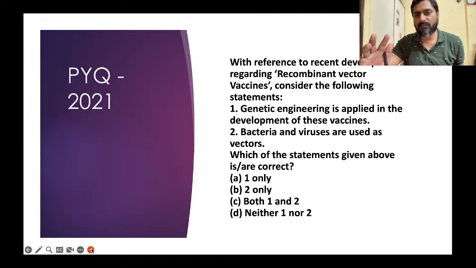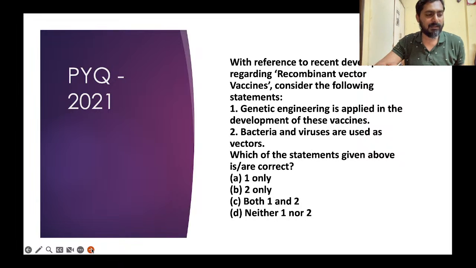So this question had come during the COVID time. So we have what are known as virus vectored vaccines. The most famous virus vectored vaccine is Covishield. With reference to that, most of us think that vectored vaccines are only virus vectored vaccines. No, the vector can be anything.